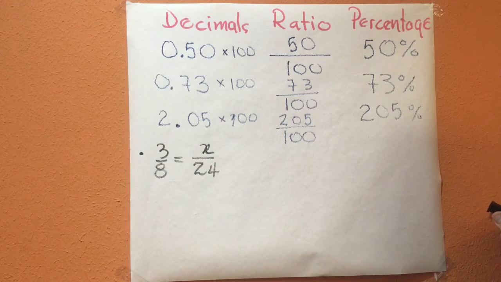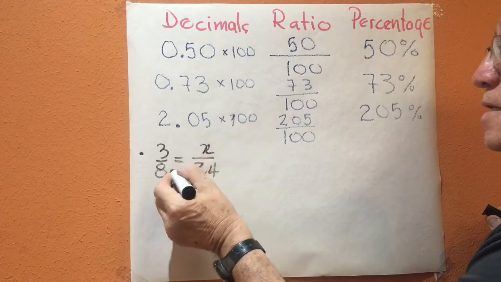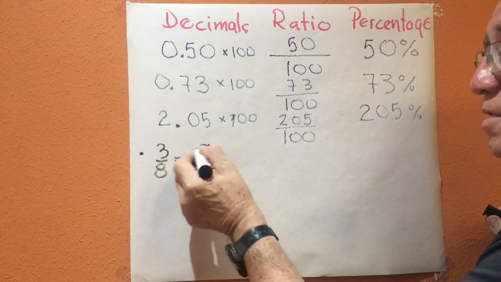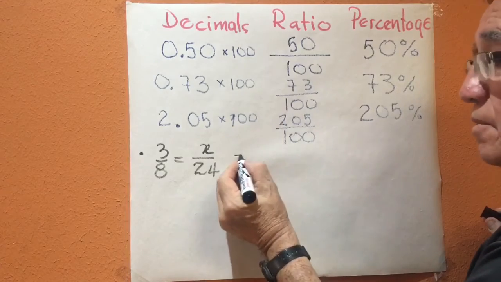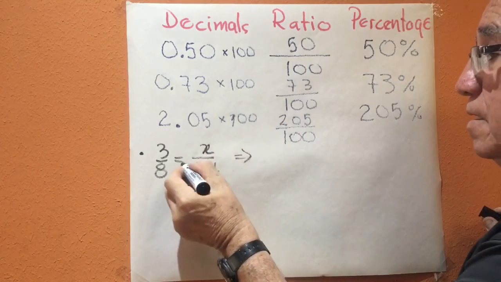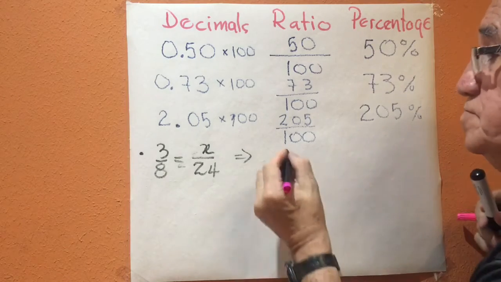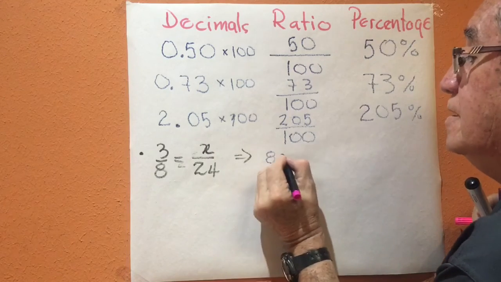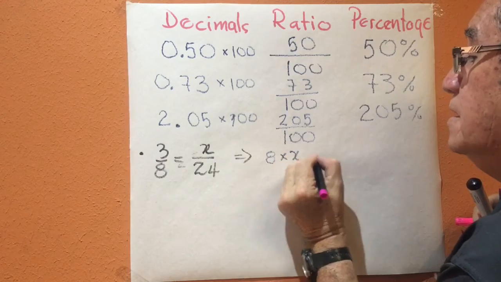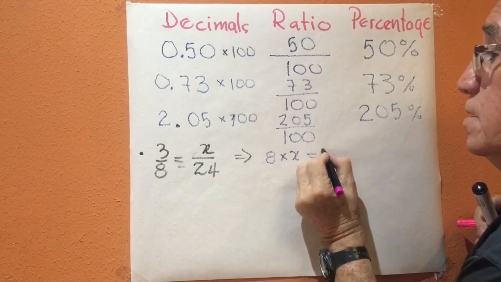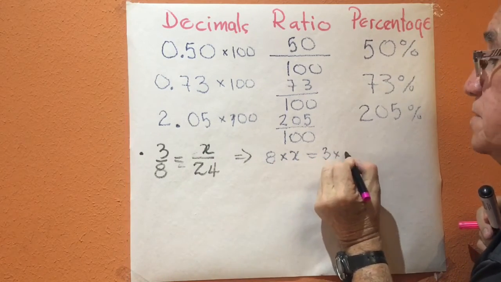Well, what I can do is apply cross multiplication, and what I have to do is multiply 8 times x, which will be equal to 3 times 24.